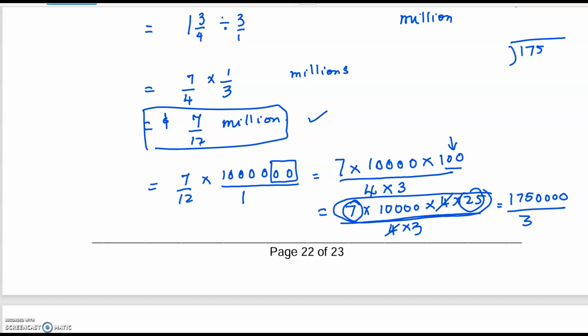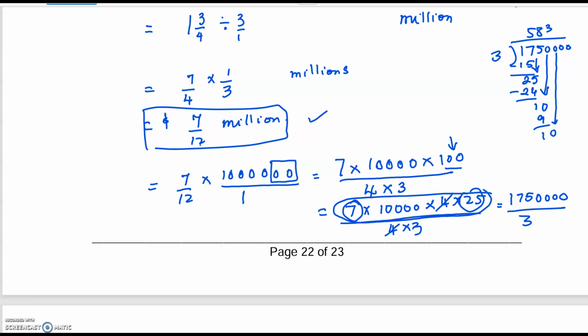175, 1, 2, 3, 4 divided by 3. 3 times 5 is 15. Bring the 5 down. 3 times 8 is 24. Subtract. Bring the 1 down. 3 times 3 is 9. The difference is 1.